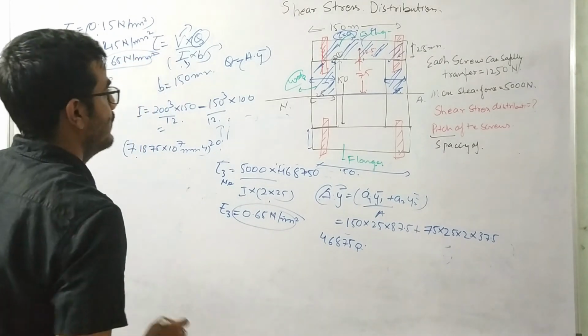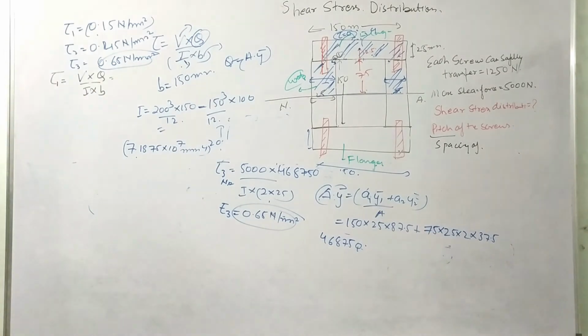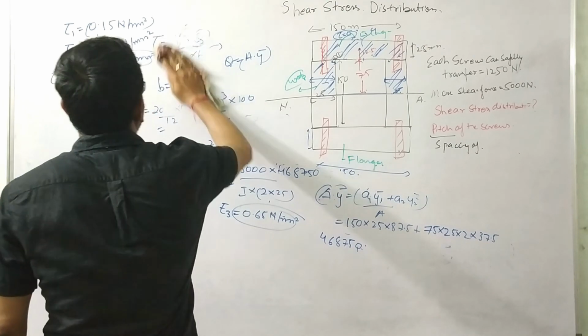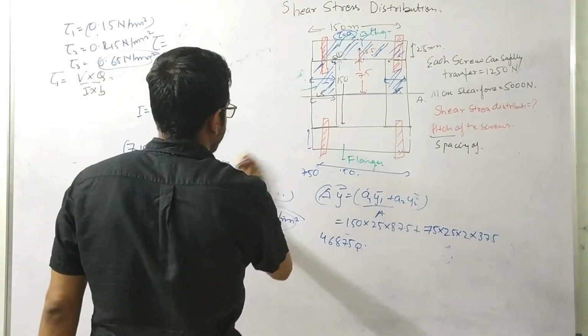This is at the neutral axis level, and the variation is parabolic, because for the rectangular section we already derived the formula that the variation is parabolic across the cross section.